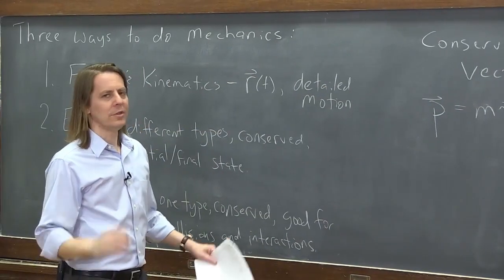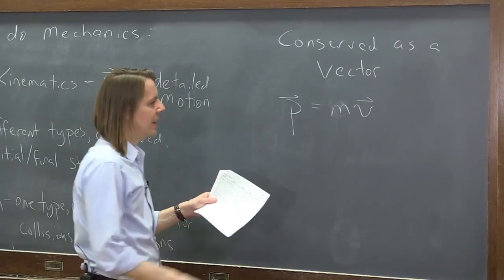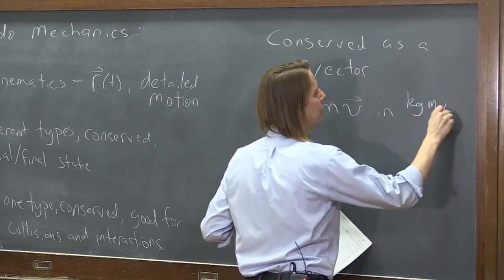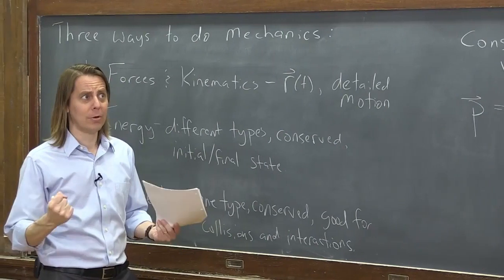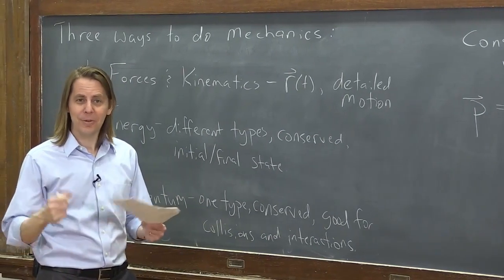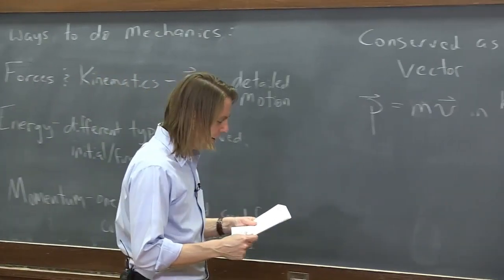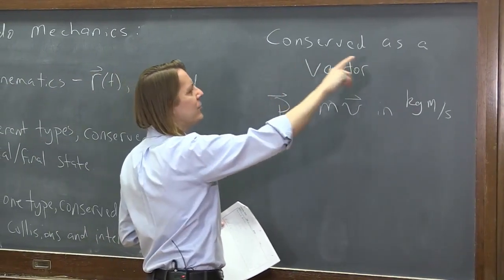So it's sort of a quantity of motion, as Newton would say. Mass times velocity, p equals mv. It is in kilogram meters per second. And that unit has no name. So if you make a really fundamental discovery about momentum, maybe they'll name it after you, because right now it is not named after anyone. Hard to believe. And one thing to keep in mind, it's conserved as a vector.